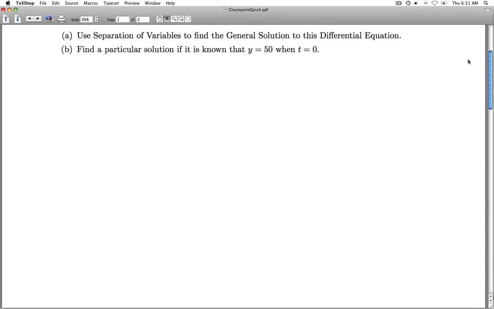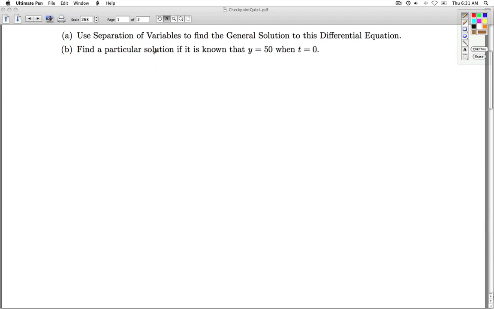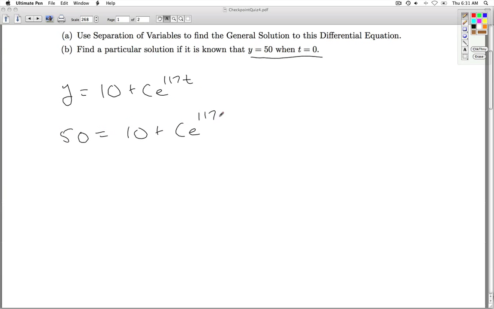Now for part B, we're given an initial condition to impose. Find a particular solution if it is known that y is 50 when t is 0. So I'm going to plug in y equals 50 and t equals 0. That's going to enable me to solve for my constant c.